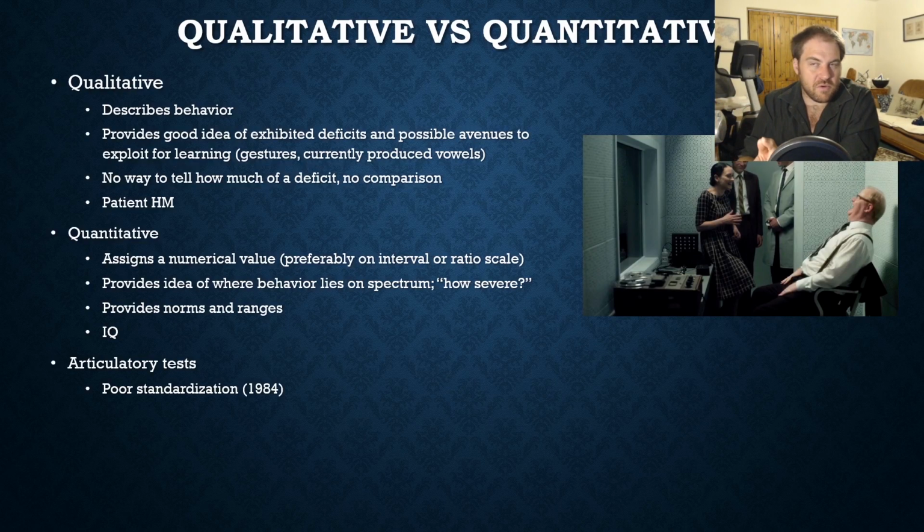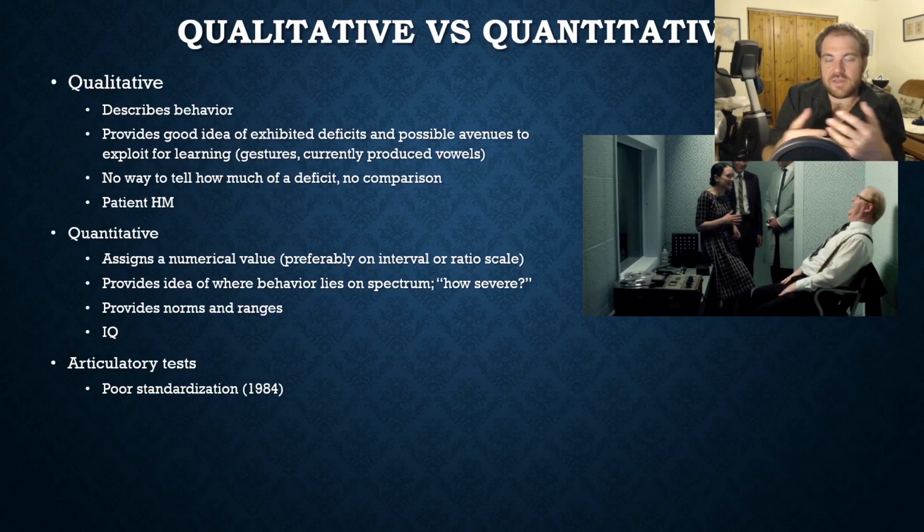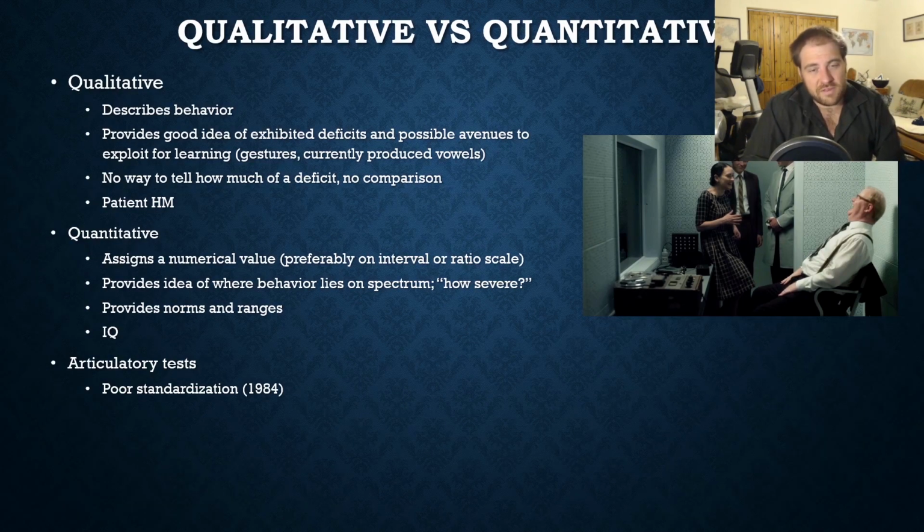So if you have somebody that scores really low and another person that scores really low, they might have completely different types of speech abilities even though they score low on the test. And the reason for that is it's just poor standardization. The tests haven't been through the ringer enough. And a qualitative method in that case is actually preferred.